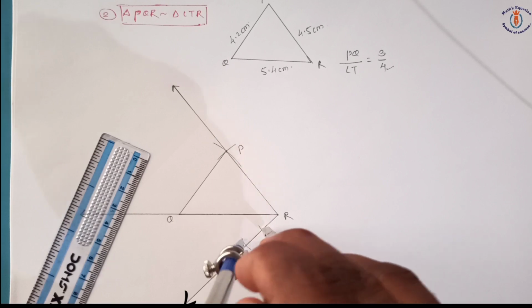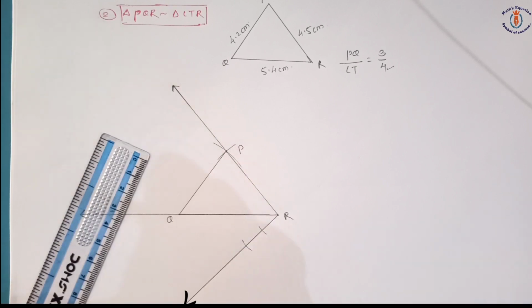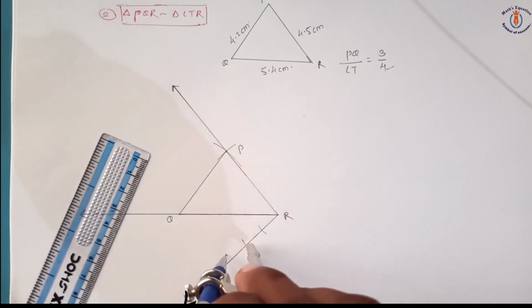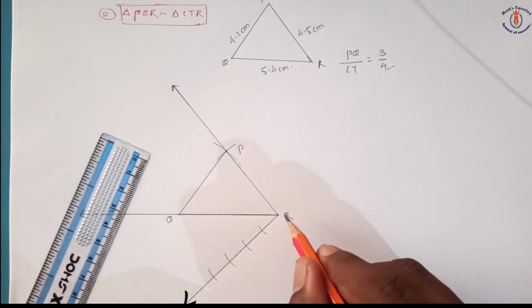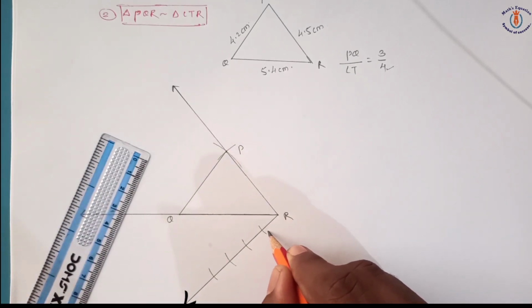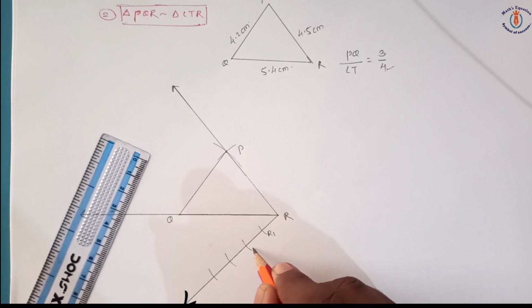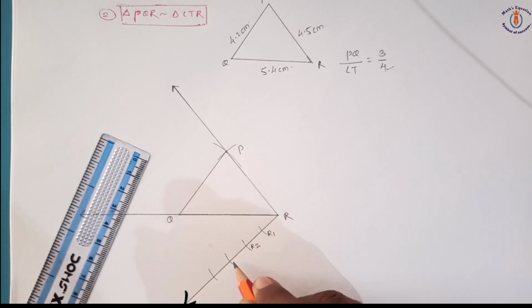This is the second arc. Now the third one, and the last one. In this way you have to draw 4 arcs. If this one is R, write down the names of the points: R1, R2, R3, and R4.